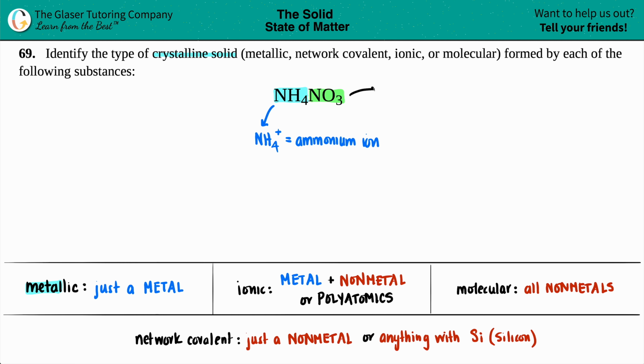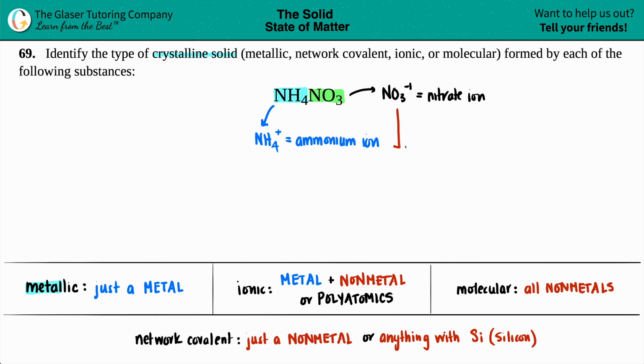This is nitrate. NO3 minus 1, that's nitrate. And if you want to say it's the nitrate ion, it's whatever, but the name of it is nitrate. The name of NH4 plus is ammonium. And what are these? NO3 minus, NH4 plus.